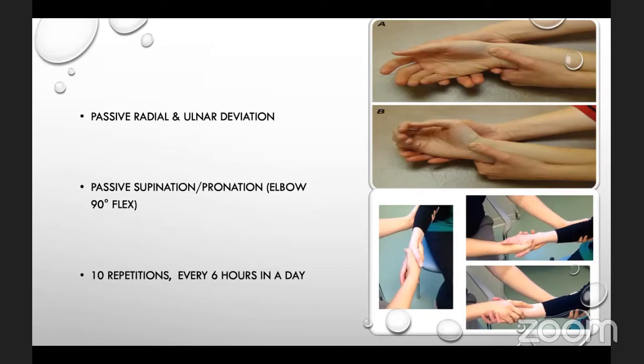The early phase was for 2 to 4 weeks, the middle phase 4 to 6, and the late phase 6 to 12. Now I will explain how I did exercises in these 3 phases. Once the splint was removed, I started with active range of motion along with scar massage.